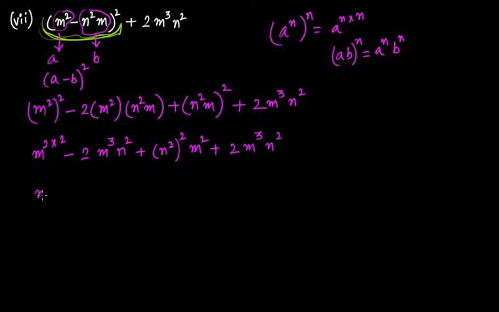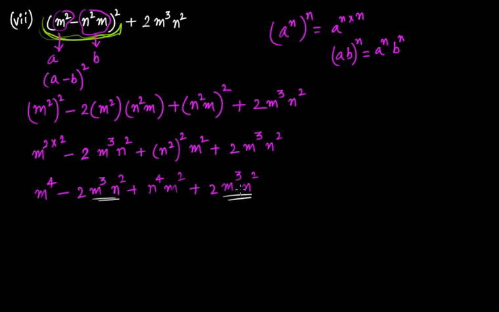This becomes m raised to power 4 minus 2m cubed n squared. This becomes plus n raised to 2 multiplied by 2, means n to the 4, m squared, plus 2m cubed n squared. Now m cubed n squared is here, m cubed n squared is here.